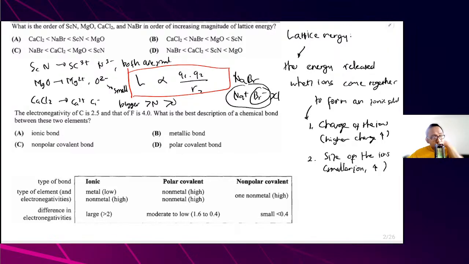If the charge of the ion is higher, there will be a stronger attraction, and that produces a higher lattice energy.